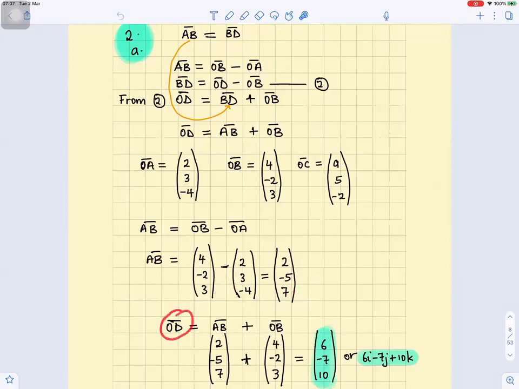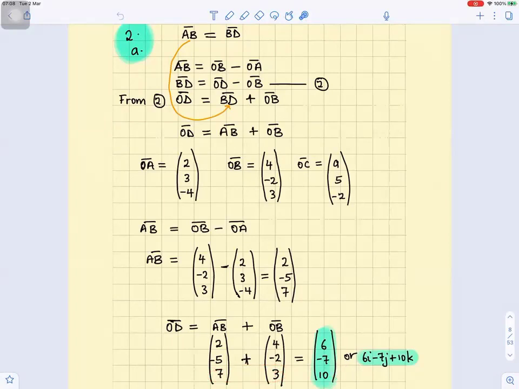So your OD is AB, which is the one we found there, plus OB. 2 plus 4, 6. Minus 5 plus minus 2, minus 7. 7 plus 3 is 10.